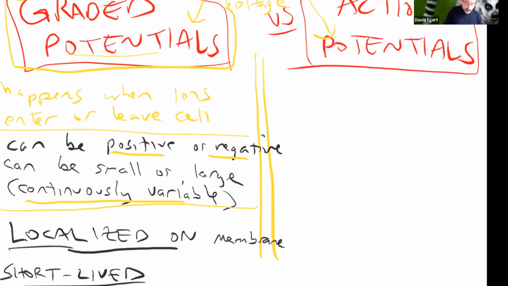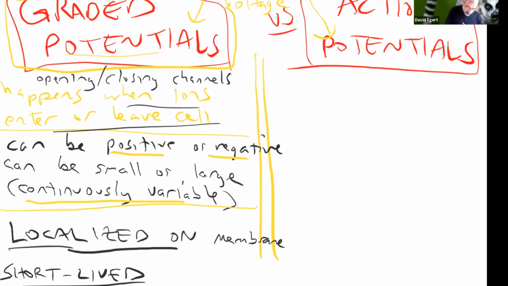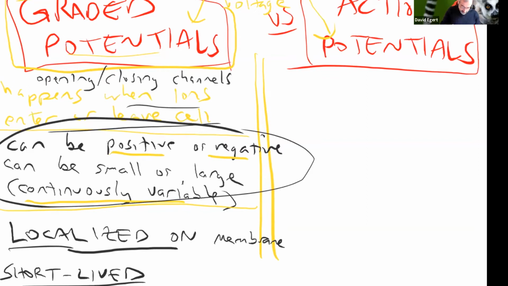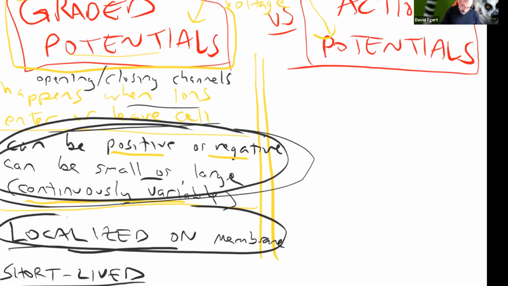So you're usually opening or closing channels, ions enter or leave the cell, and the voltage on that little localized area can go up or down, small or large, and tends to be short-lived. So that is graded potentials.